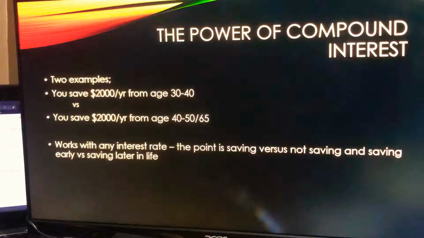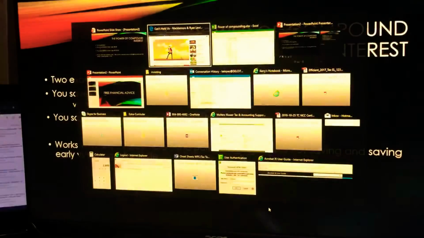We'll see the difference between those two, and show the difference even more. Let's say in the second example you don't stop putting in $2,000 from 40 to 65. So let's say you keep paying $2,000 a year, and let's see what the outcome looks like.